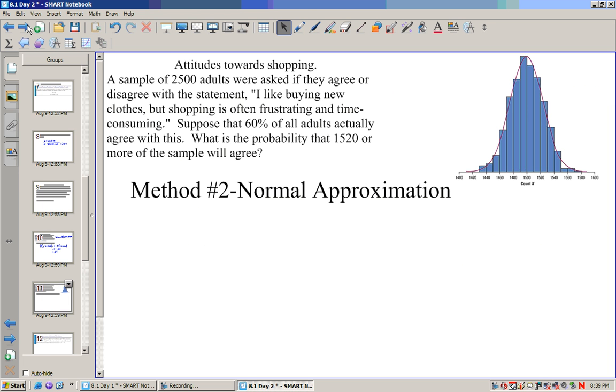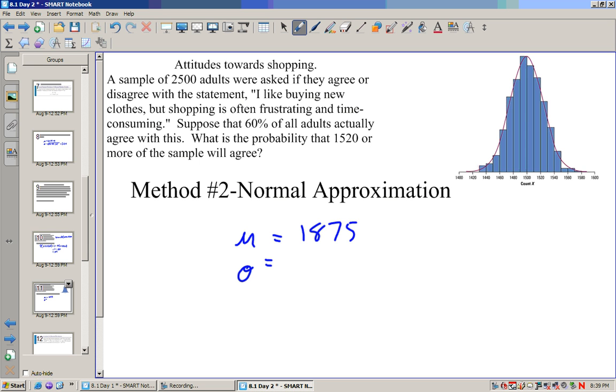Now, if we try to use a normal approximation, let's look at our mean and standard deviation. To do the mean, we take 2,500 times 0.75, which is 1,875.